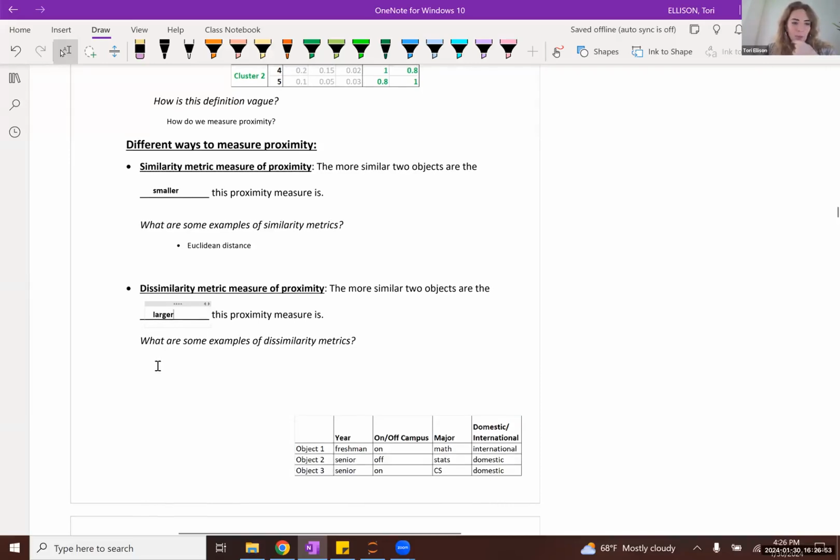So what are some examples of a dissimilarity metric measure of proximity? So in other words, the larger that metric is between 2 points, the more similar those points are considered to be.